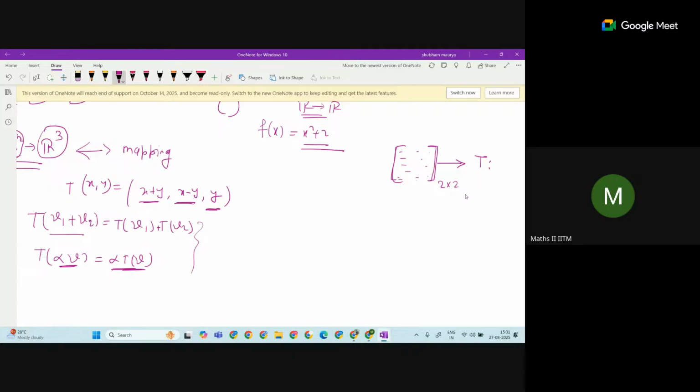That's why we started looking at it. Which one came first, the linear transformation or the matrix? I will say the matrix came first, and then slowly the theory was developed for linear transformation.